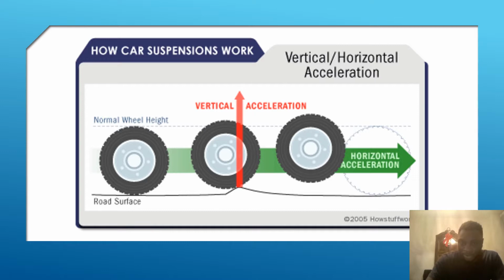So the suspension brings the wheel back to the road for the ride to continue, as this vertical acceleration occurs. The springs in the suspension bounce up and down until this energy dissipates.